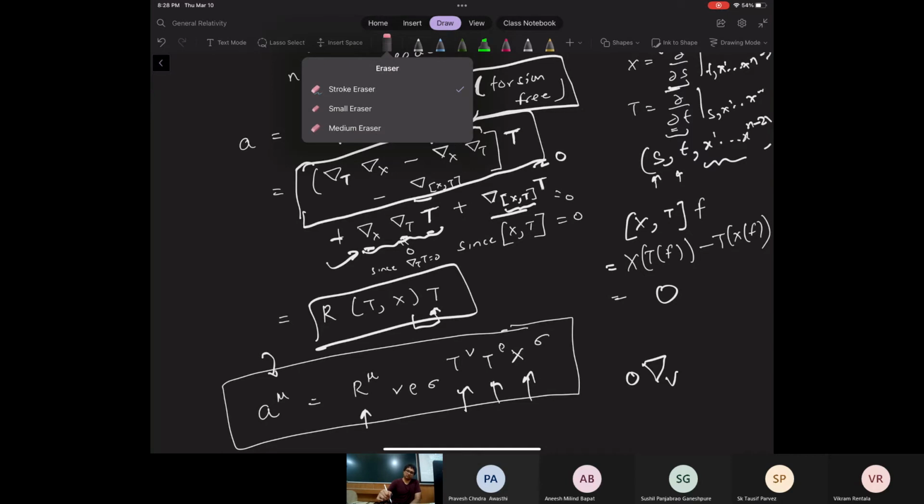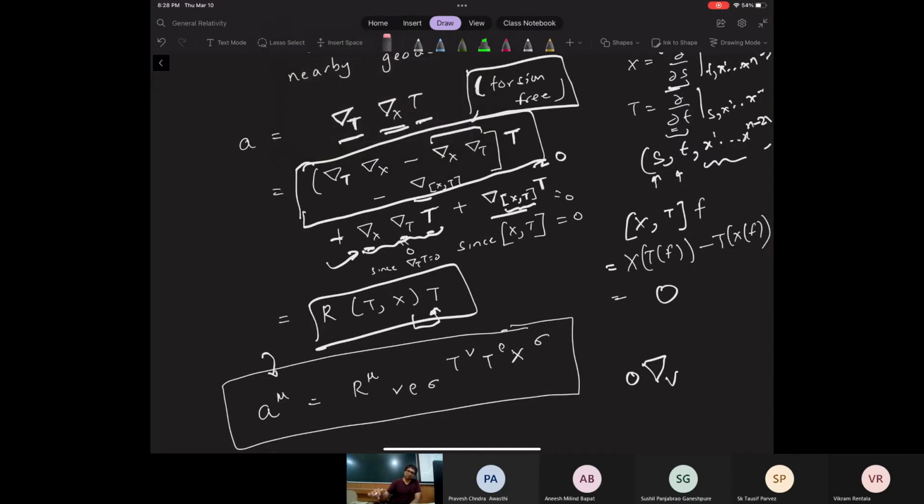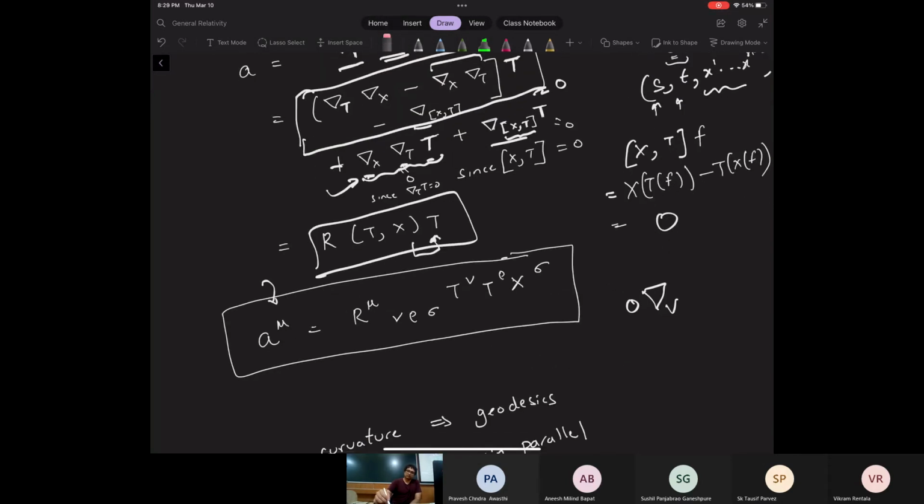Yeah, I think that's right. This T is here, and this x is here.